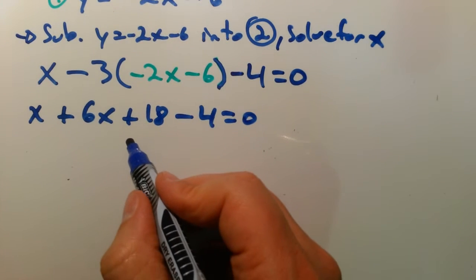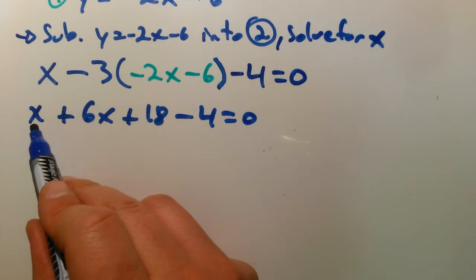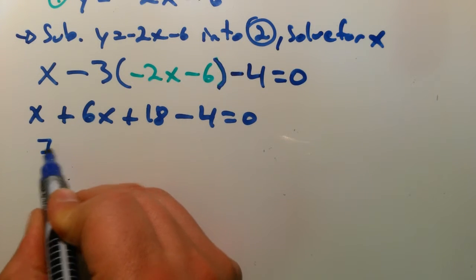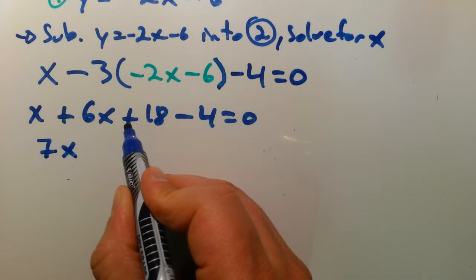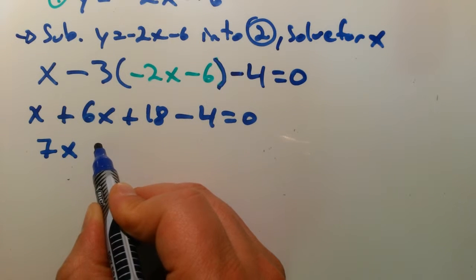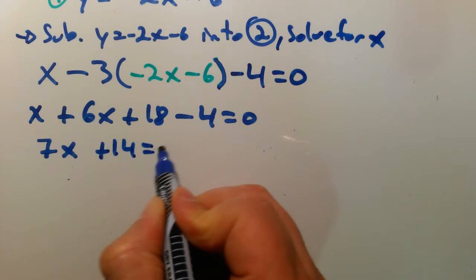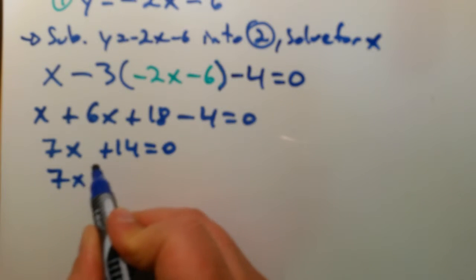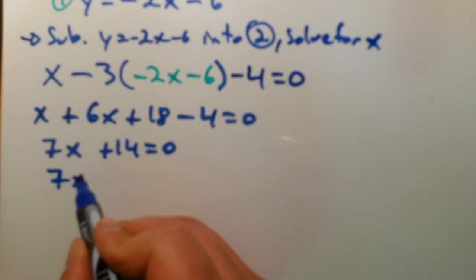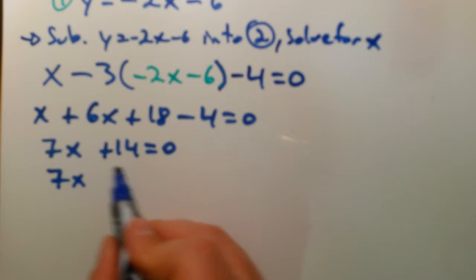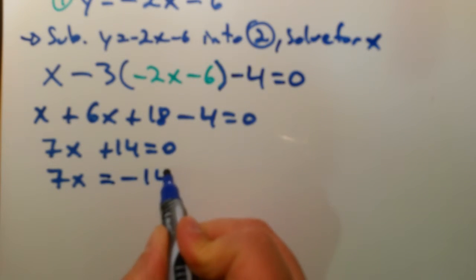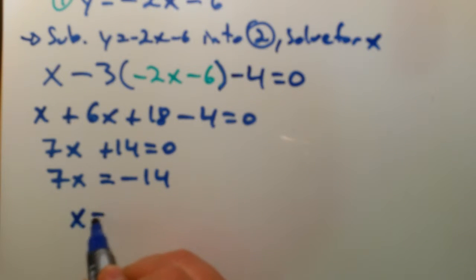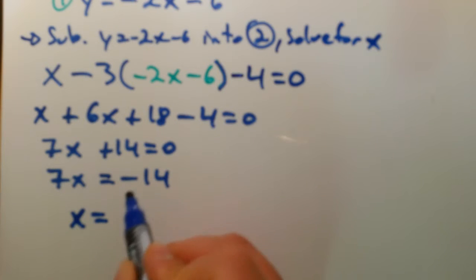Now let's collect like terms, and so we have x plus 6x becomes 7x, and then plus 18 minus 4 becomes positive 14. I could have moved it to the other side. Well, fine, let's do it now. So 7x, let's isolate the x now. So plus 14, when it goes to the other side it becomes minus 14. And now let's solve for x here. So 7 is multiplying, goes dividing on the other side.